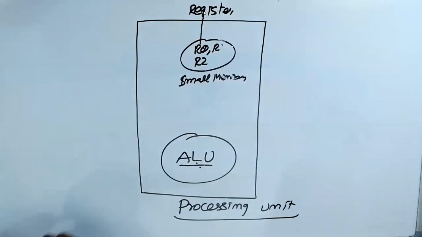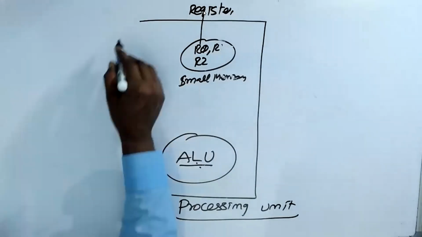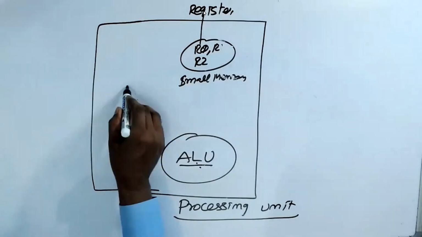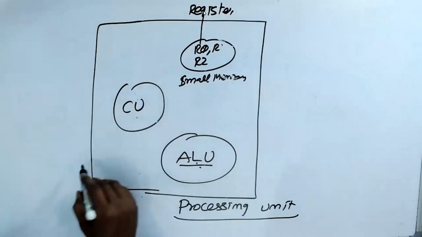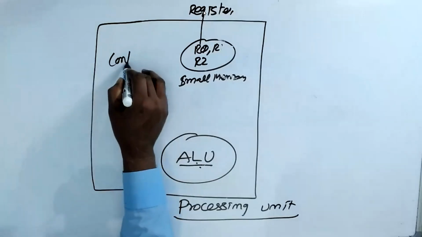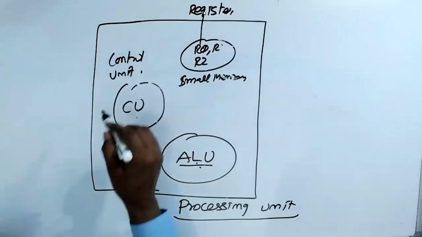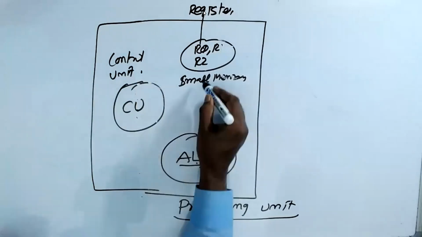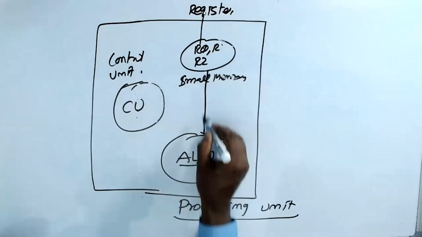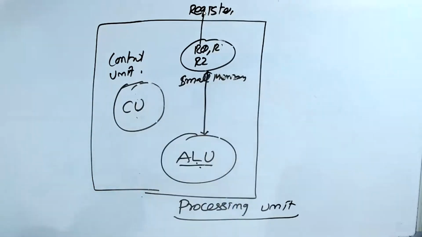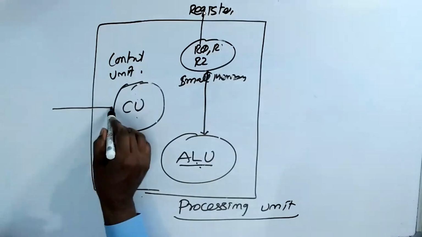Then it has one more unit called control unit. What the control unit does is, it controls the communication between these two by getting the right instruction.